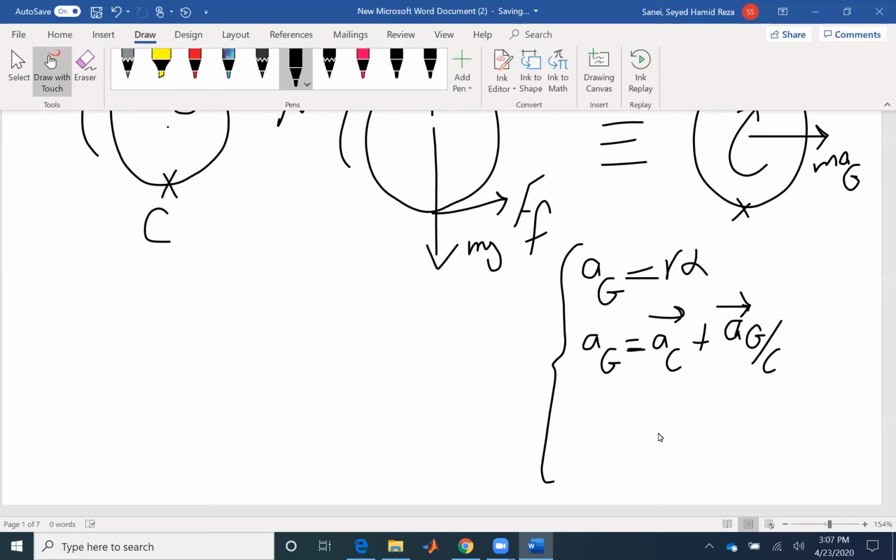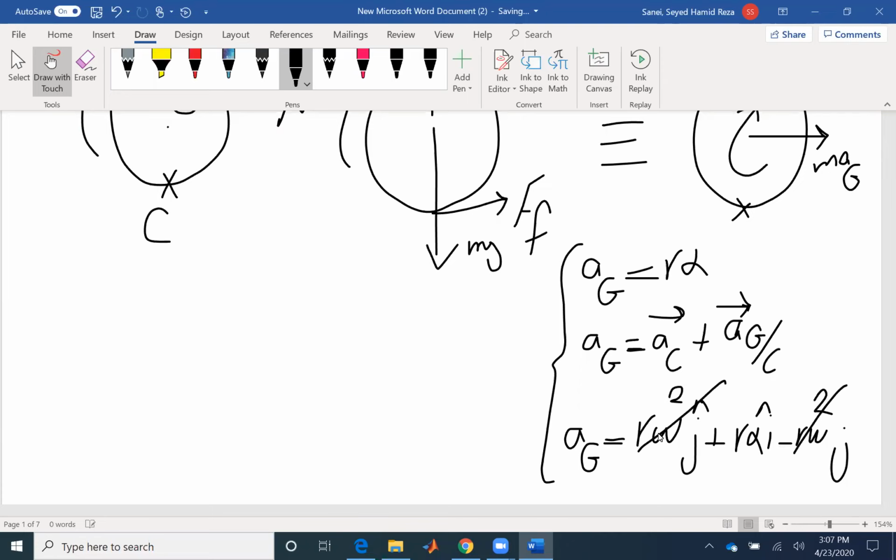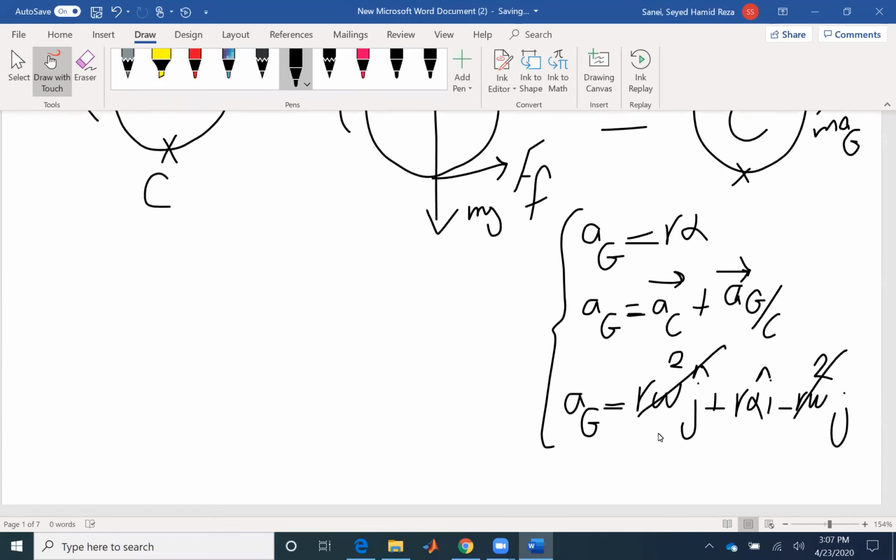The tangential component is 0, but the normal component is not. This point is rotating about the center. So it has an acceleration towards the center, the normal component, which is r omega squared. And if I want to write it in a vector format, it would be J, positive J means towards the center. Then Ag with respect to C has 2 components, the tangential component and also the normal component. So these 2 cancel out. That's why Ag would be R alpha.